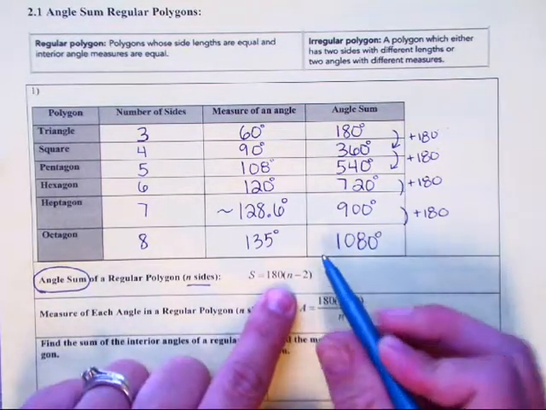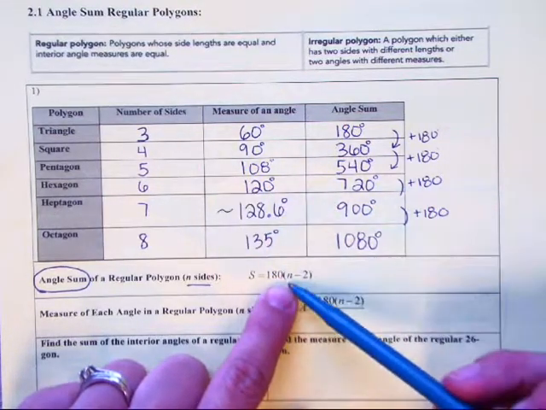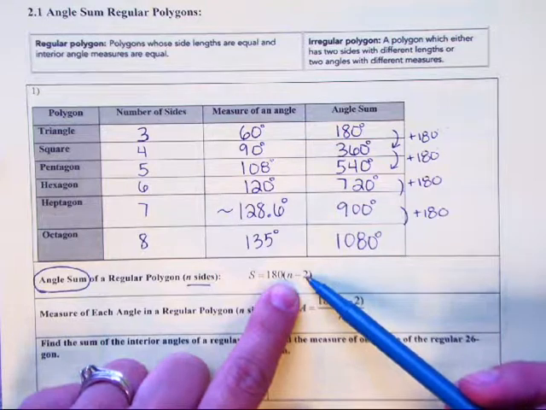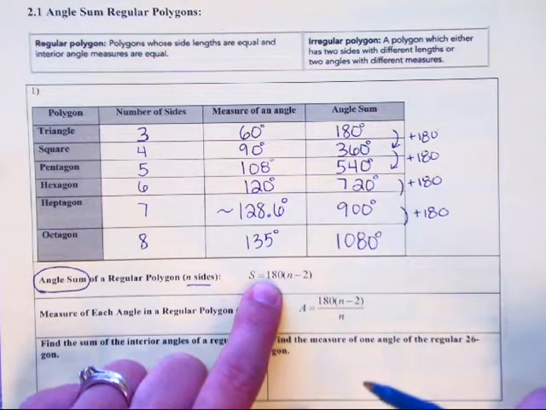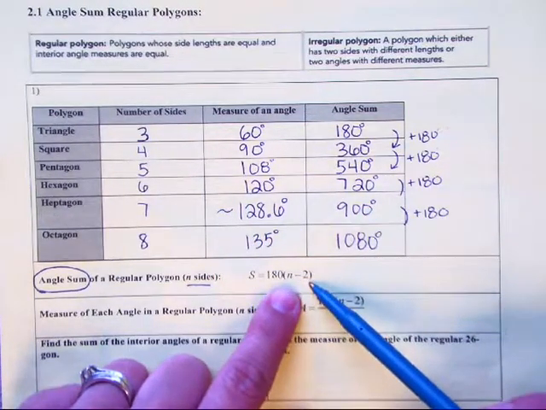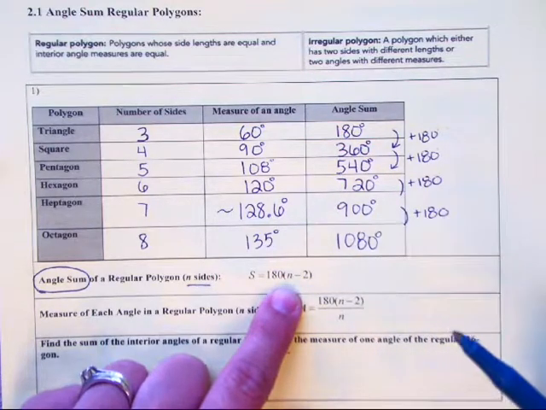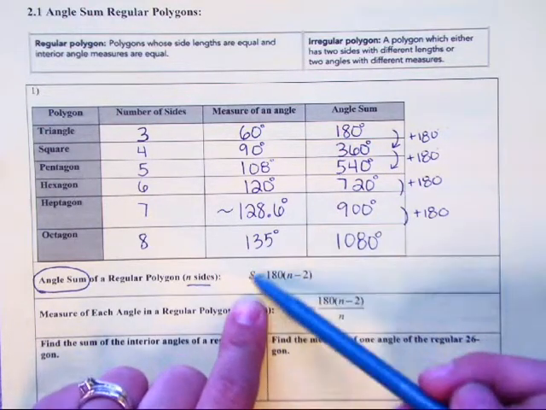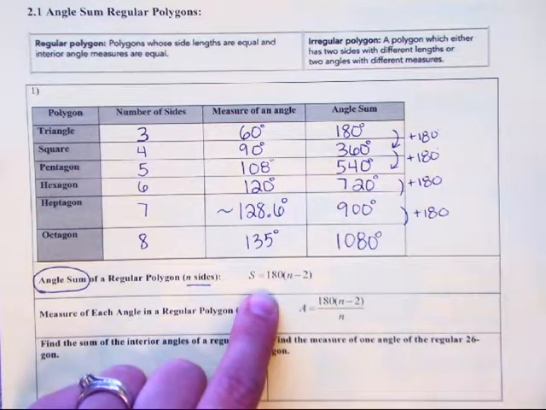So for example, if I look back at my triangle, it was 3 sides. So if I put 3 in there, 3 minus 2 would be 1, times 180 would be 180 degrees. And if I put 4 sides in there, 4 minus 2 is 2. Take that times 180, that gives me 360. So this formula helps me figure out for any number of sides, what the sum of all the angles is going to be.